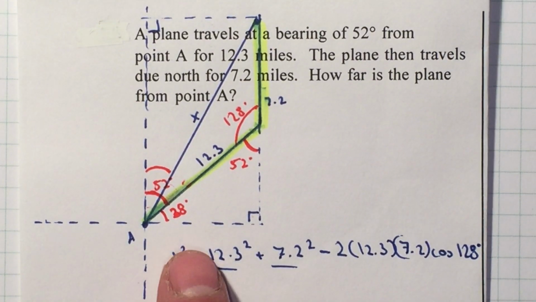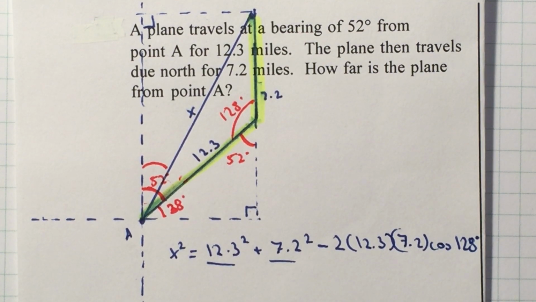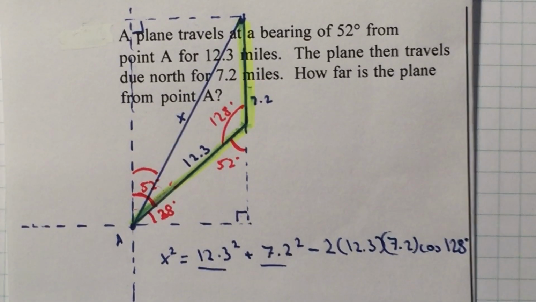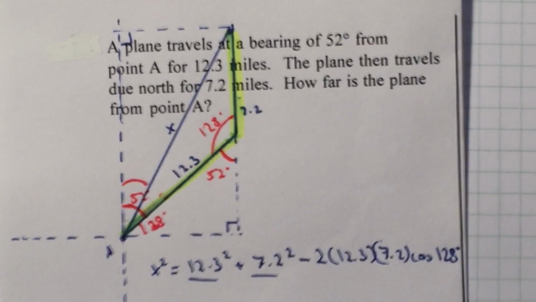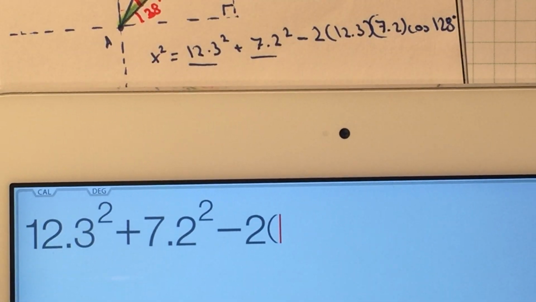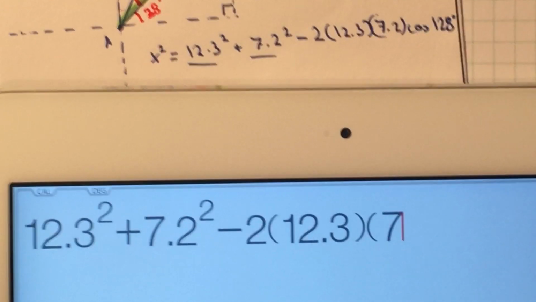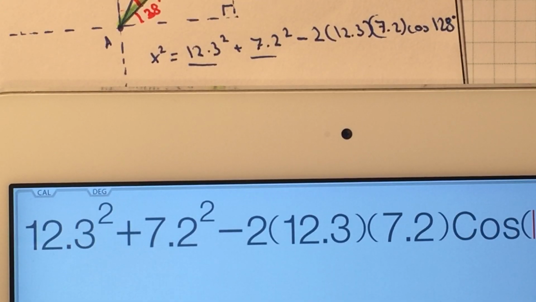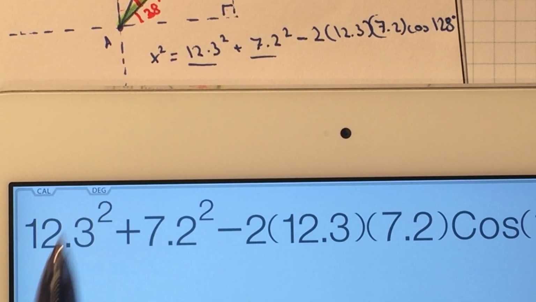Since there are no variables on the right hand side, I can just type everything in at once in my calculator: 12.3 squared plus 7.2 squared minus 2 multiplied by 12.3 multiplied by 7.2 multiplied by the cosine of 128 degrees. Close my parentheses. Make sure that you have it on degrees.